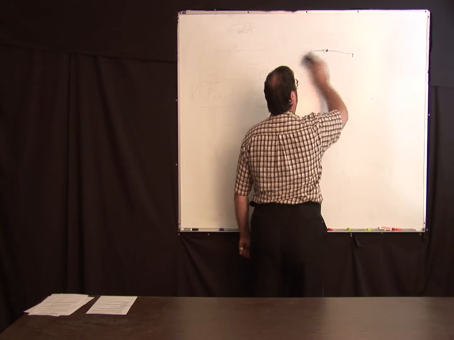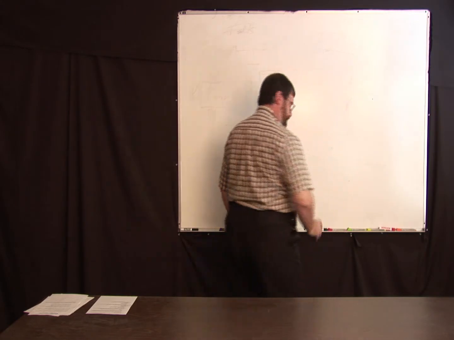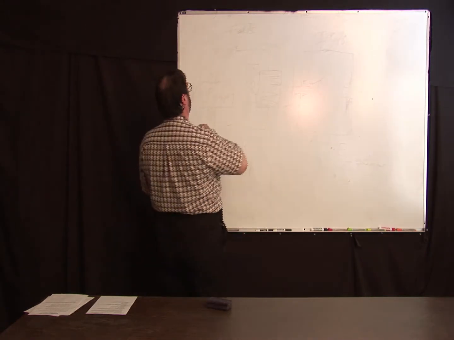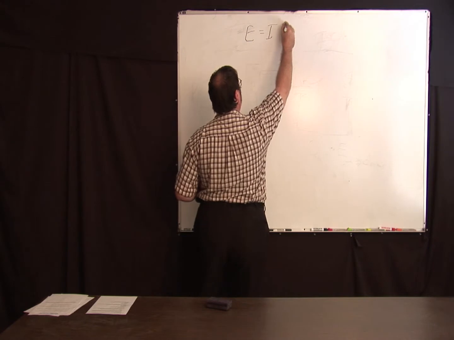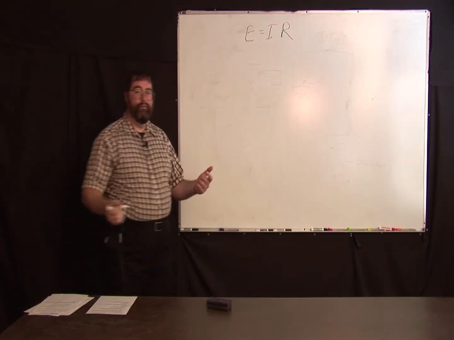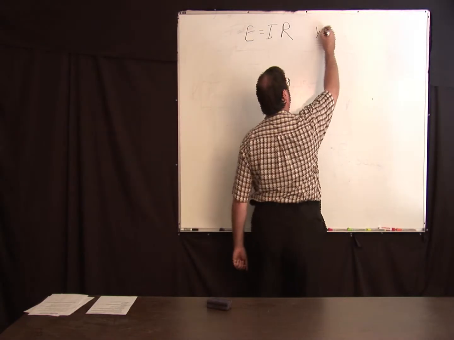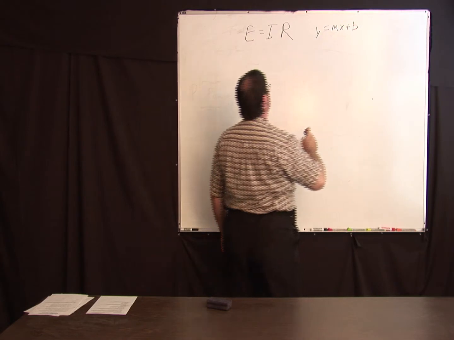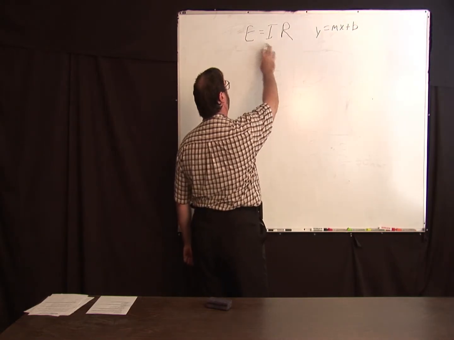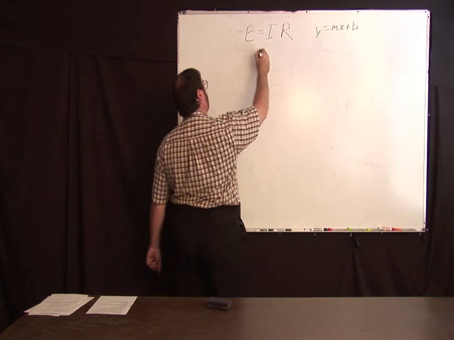But before we get too much farther, okay, Ohm's law as we see it here, E equals IR. For those of you who remember your algebra and the equation of a line, y equals mx plus b, here x is the current, y is the voltage, R must be the slope, and the intercept must be 0.